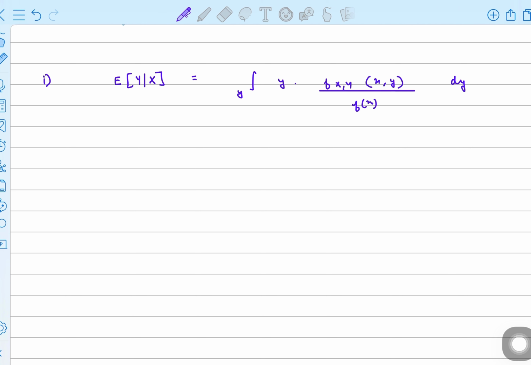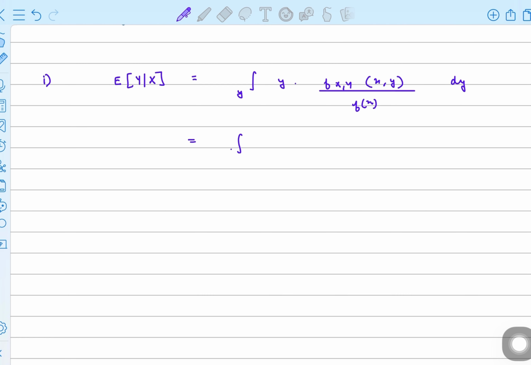Here, I've started by writing the expanded form of our formula. To solve this, we are required to find the marginal PDF of x. For this, we simply integrate our joint PDF with respect to y. This gives us our final value as 3x.